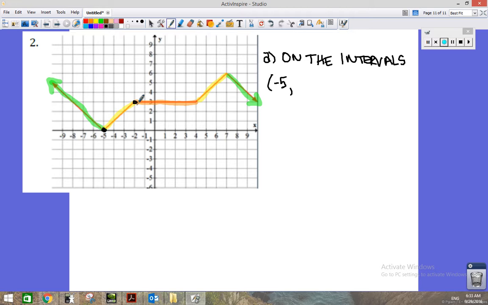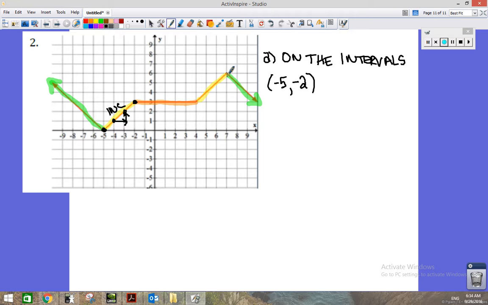At this point, the x-coordinate is -2. If you pick 2 points in the interval between -5 and -2, as x increases, y increases. So on this part of the graph, we say we're increasing.